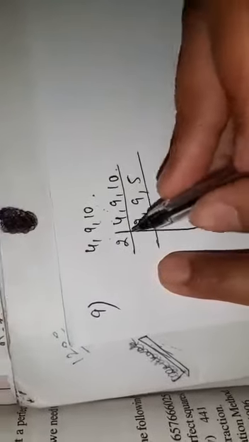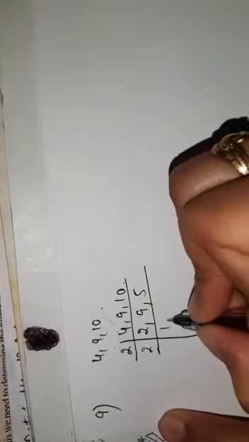The very first thing that you have to do is to find the LCM of all the numbers. Firstly, it is divisible by 2. 2 2s are 4, 9 will remain as it is. 2 5s are 10. Now again 2 1s are 2, 9 and 5 will not change.